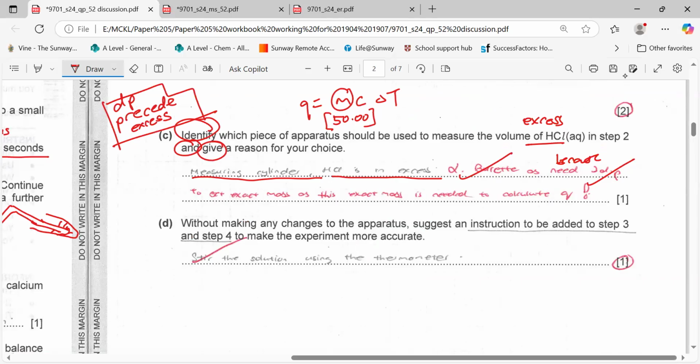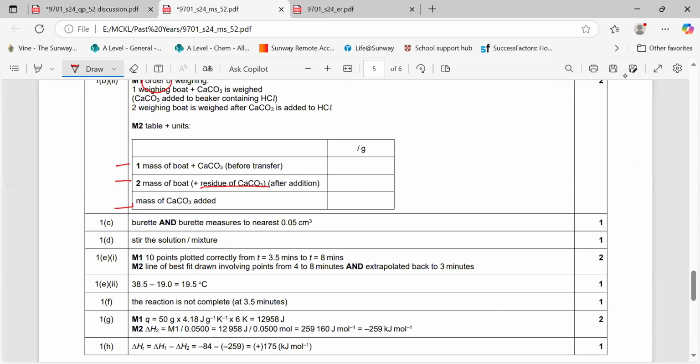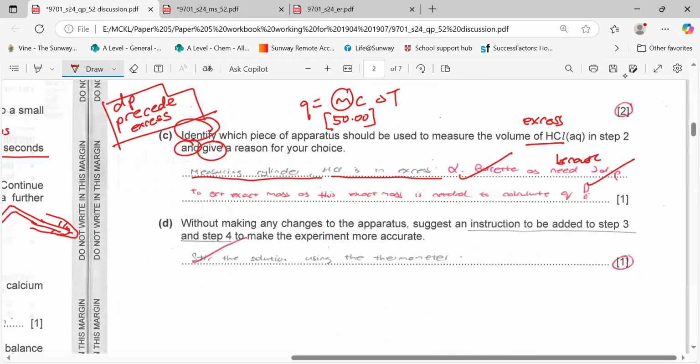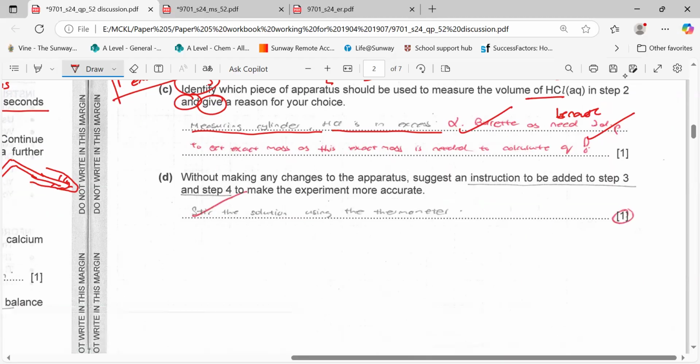There's only one answer out. If you look here, stir the mixture or stir the solution. Normally we will use the thermometer to stir, if you can recall from your practical paper. Otherwise, if you don't stir, then the reaction occurs very slowly. Remember, when the reaction is slow, heat loss to surrounding will be very high.